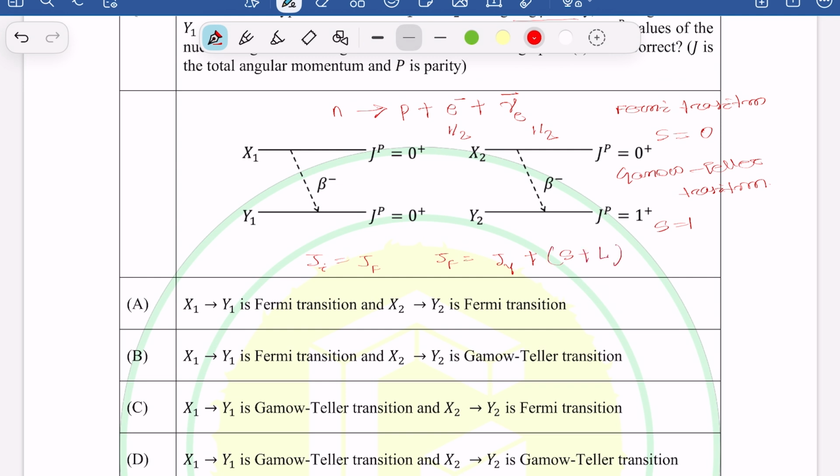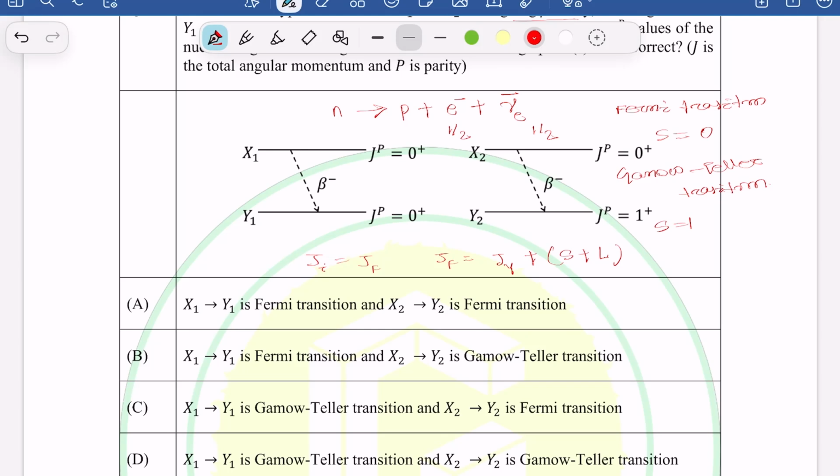If the electron and antineutrino were created at r equal to 0, in this case they cannot carry any orbital angular momentum. So we will put L equal to 0 in that case.